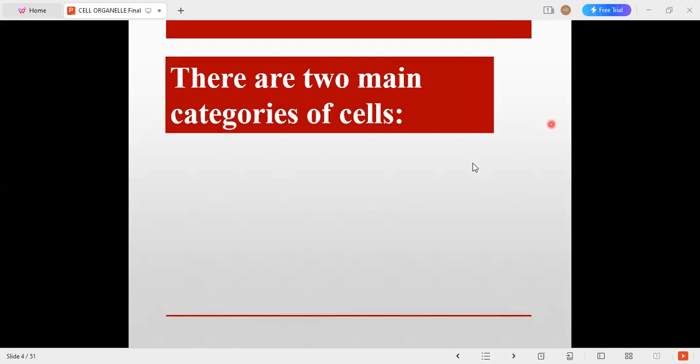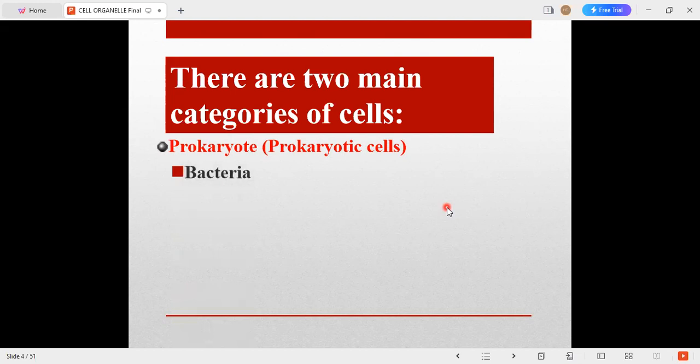There are two main categories of cells, the prokaryotic cells and the eukaryotic cells.